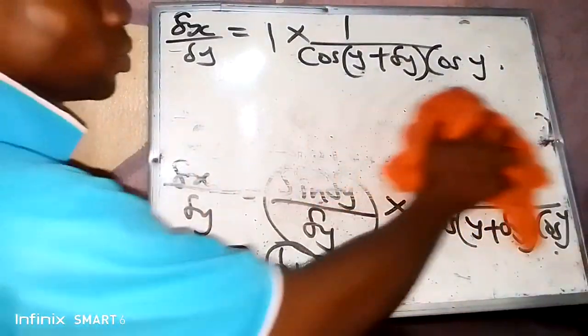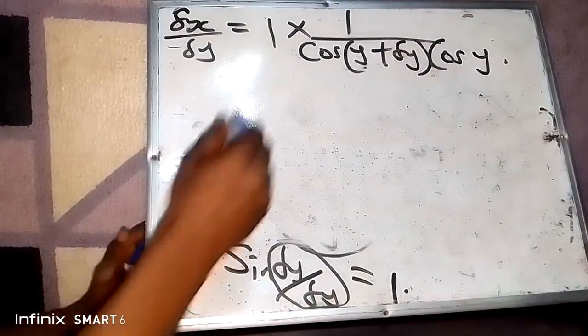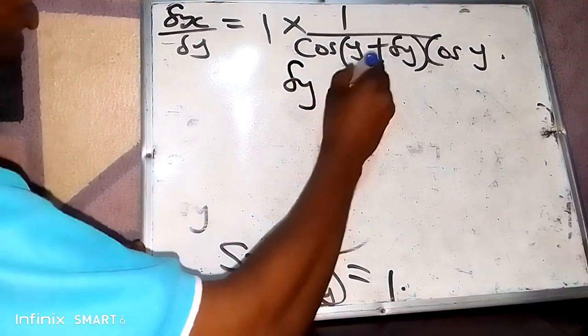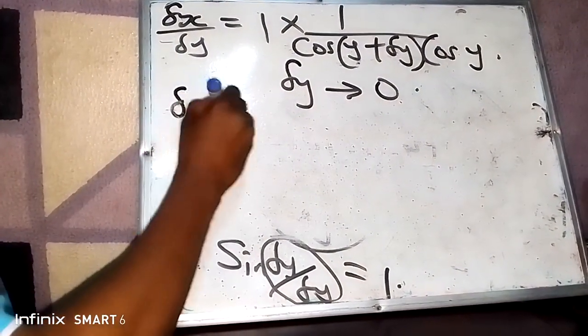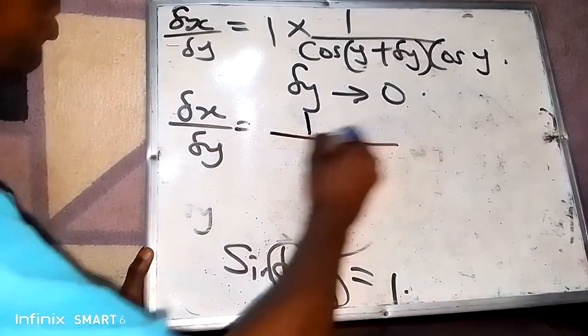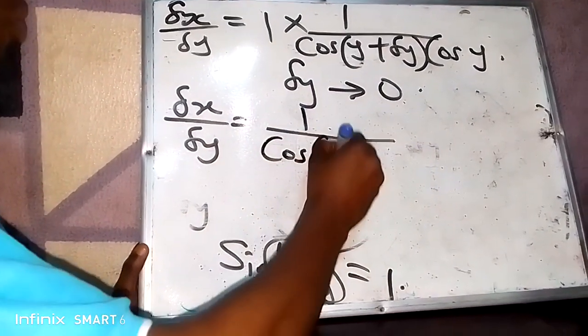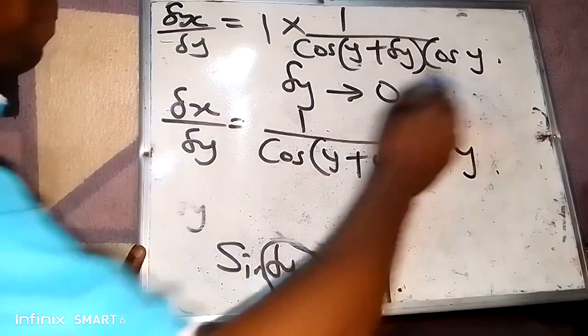After that, our dy tends to 0. Our dy tends to 0. That means dx over dy equals 1 all over cos open bracket y plus 0, cos y.